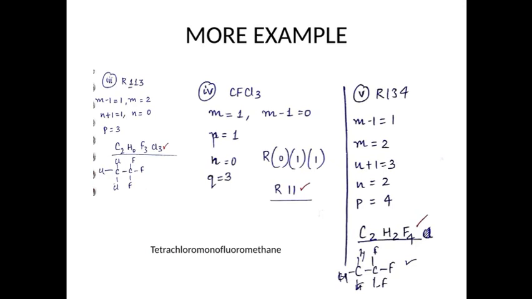So M equals 2 gives C2. N equals 0 means we don't have H, then P becomes 3, so F3 will be there. Then you need to find out the Q molecule. How can we find it? With the help of that equation, N plus P plus Q equals 2M plus 2. From there you can find Q equals 3.